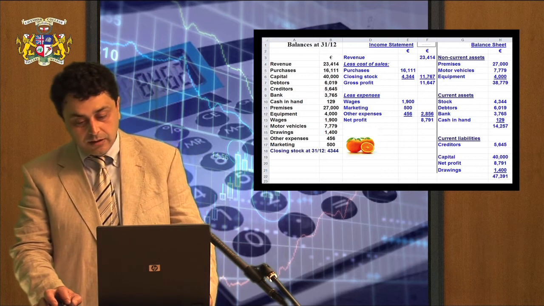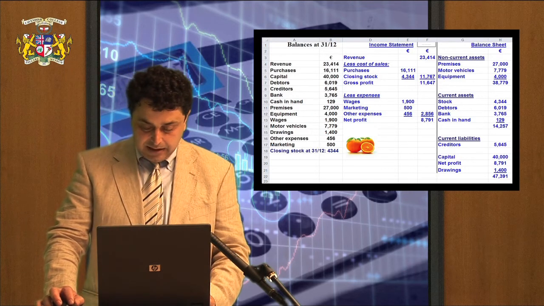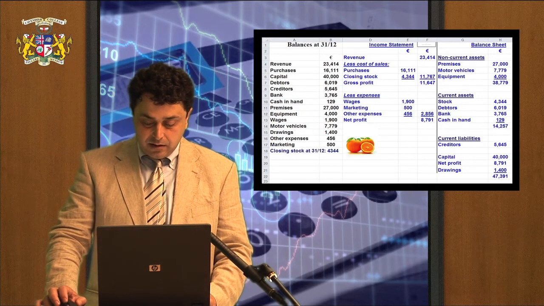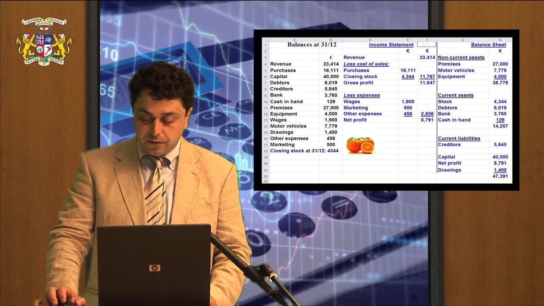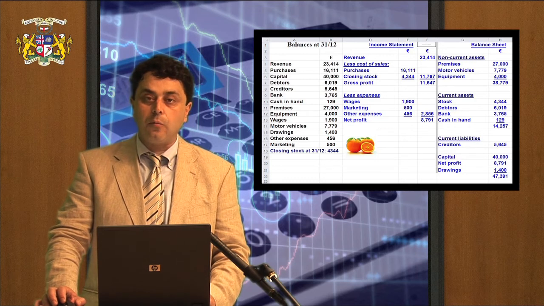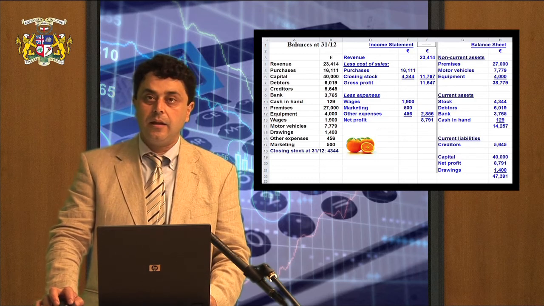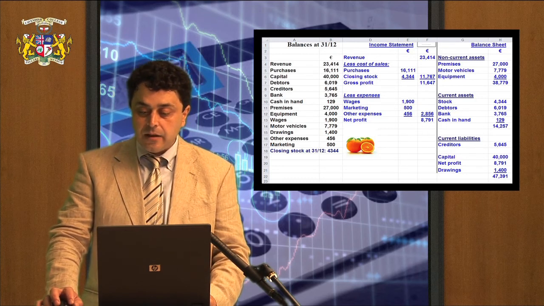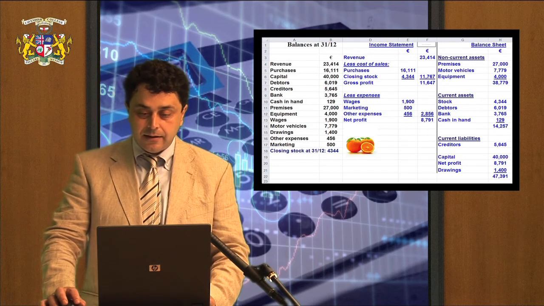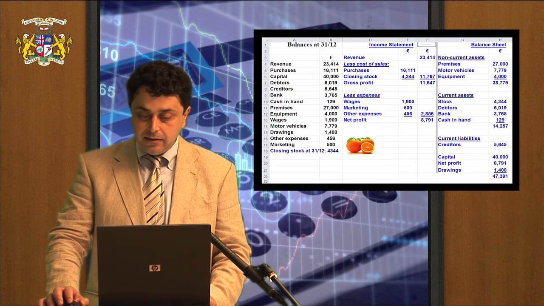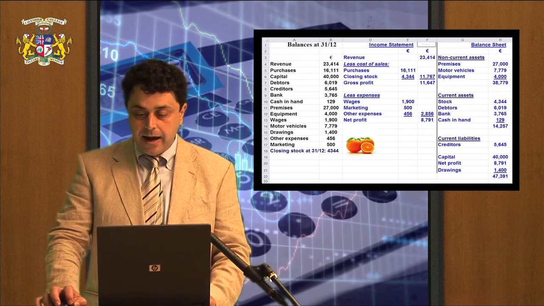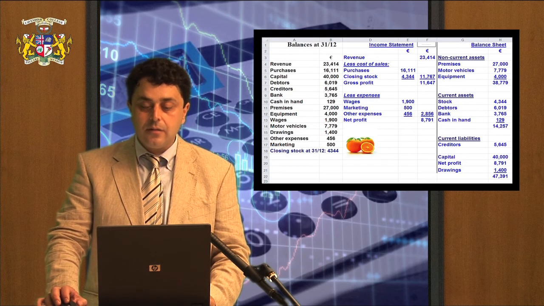From that total, you deduct the drawings, which represent money or goods taken out of your business by you for your private use. So you can see that assets minus liabilities equals capital, and revenue minus expenses equals profit.